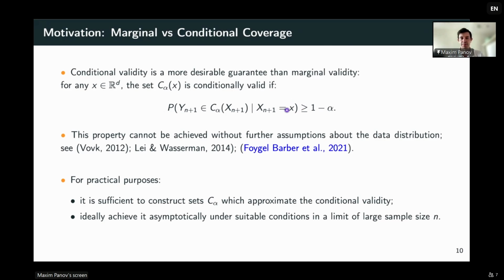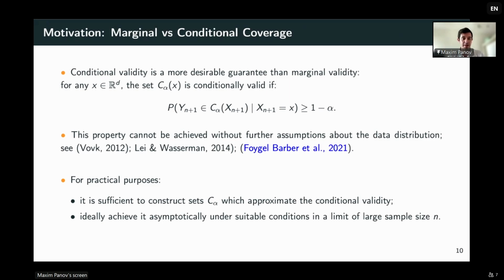So we take a particular x, and we want y to be contained in the confidence set for that x. That's obviously a much stronger guarantee. And it was shown in the literature that it cannot be achieved without imposing some further assumption about the data distribution. So it's impossible to achieve these guarantees distribution free.